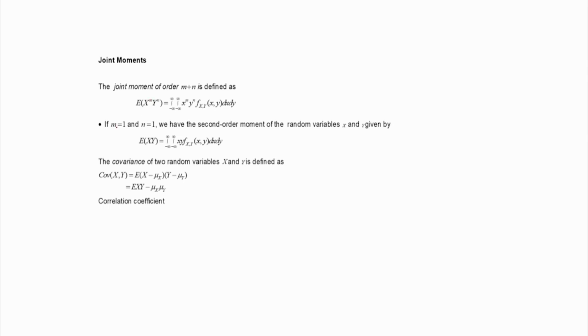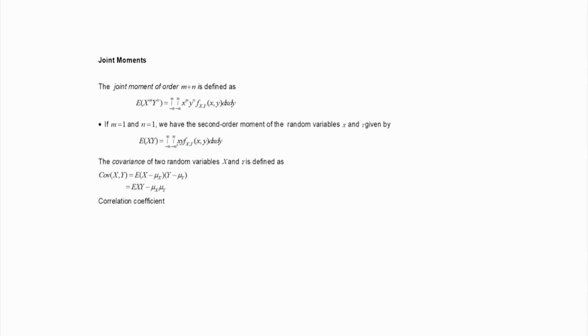Now if I take m equal to 1, n equal to 1, we have the second order moment, which is also called the correlation between X and Y, and is given by E of XY. Here m is 1, n is 1, therefore it is xy into the joint PDF into dx into dy, integrated from minus infinity to plus infinity.